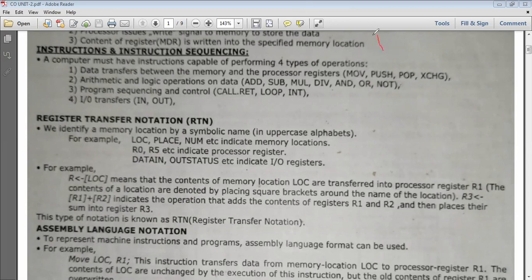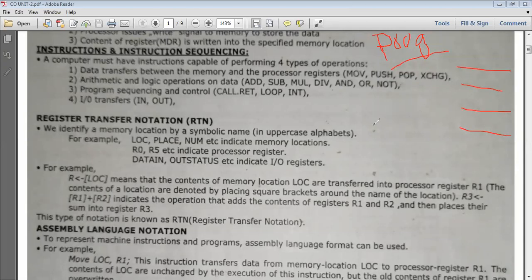If you are taking the program, what is meant by a program? It is a sequence of instructions that perform a particular task. That means the program has a number of instructions.